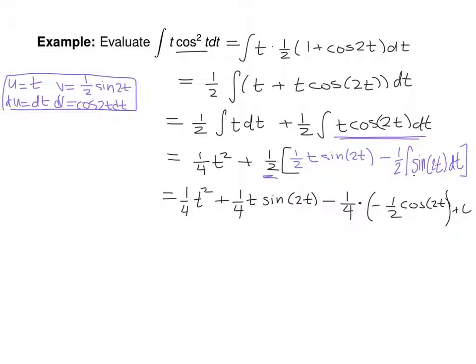And so your final answer is to simplify that double negative and multiply the 1/4 and the 1/2. So you have 1/4 t squared plus 1/4 t sine of 2t plus 1/8 cosine of 2t plus c.